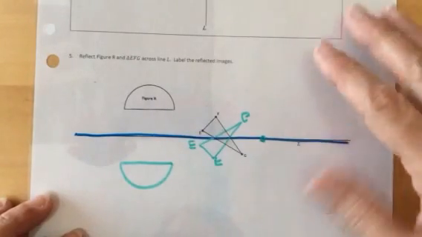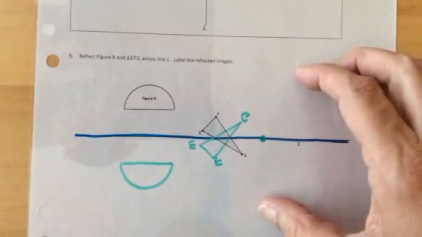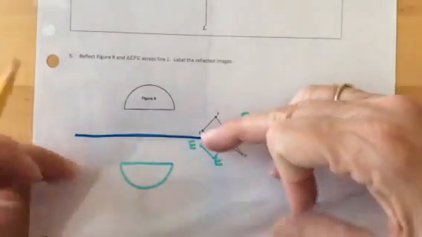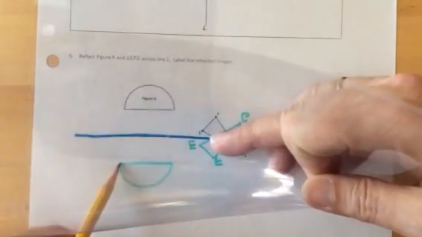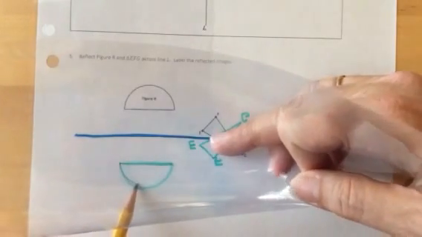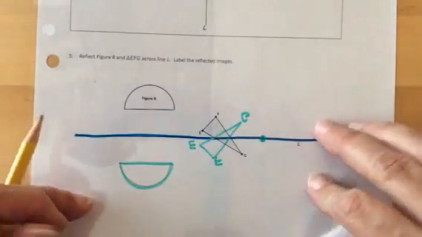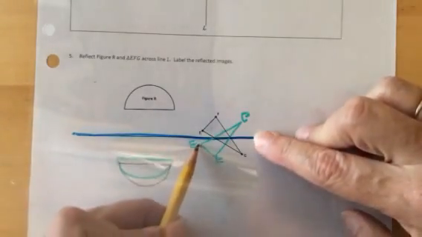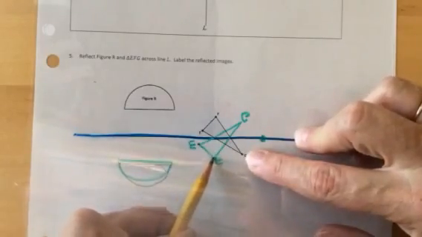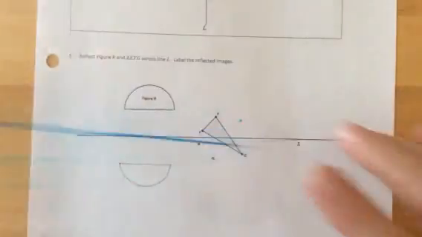Okay, so let's mark our reflections on the paper. So I'll first mark this semicircle right there. Okay, got that one pretty good. And then I'm going to mark the vertices of this triangle. So there will be E prime, F prime, and G prime right there.